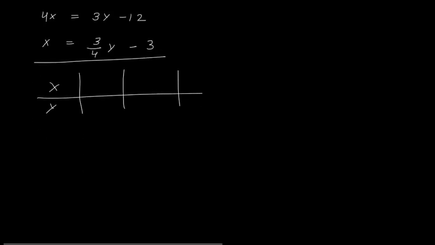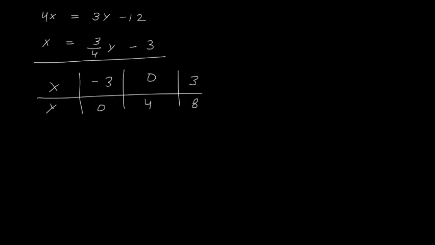Now when we take y 0, we get x is equal to minus 3. When we take y as 4, we get x is equal to 3 minus 3, 0. When we take y as 8, so here it is 4 to the 3 to the 6, 6 minus 3 is 3.